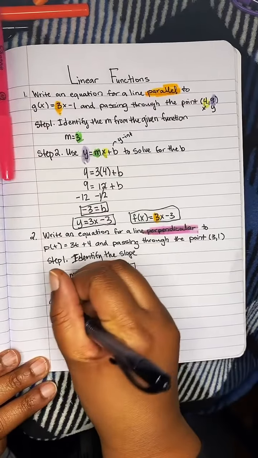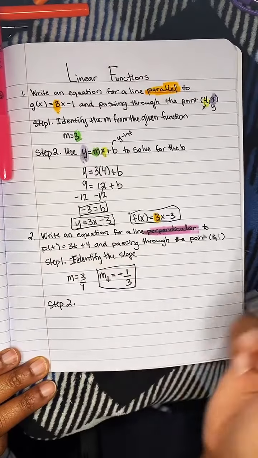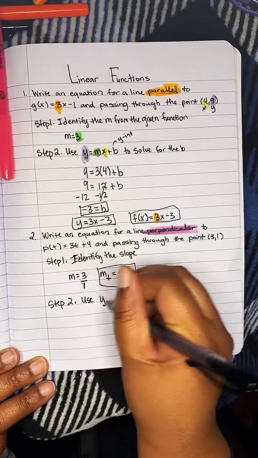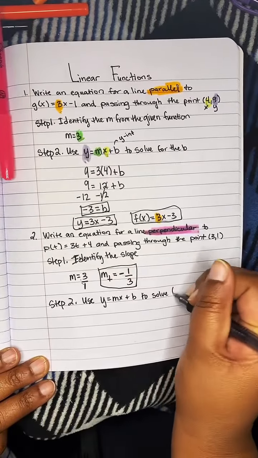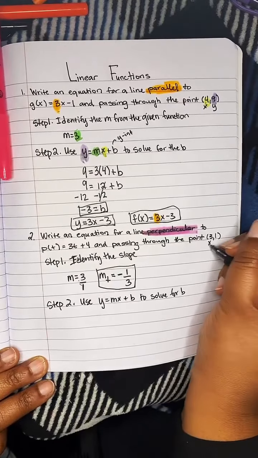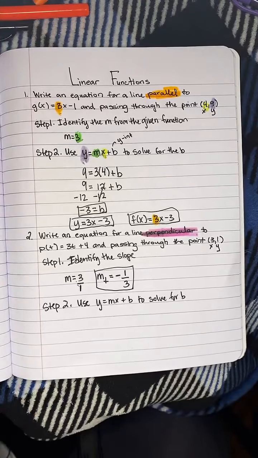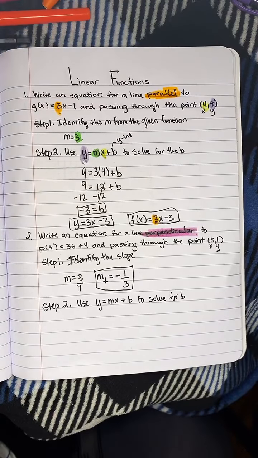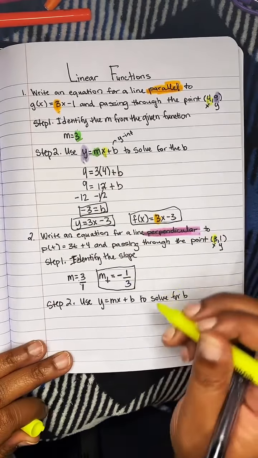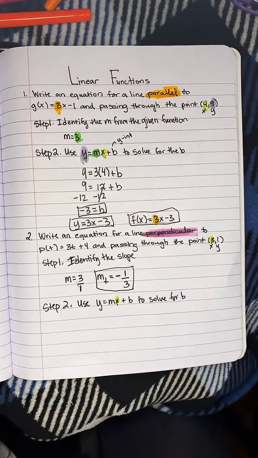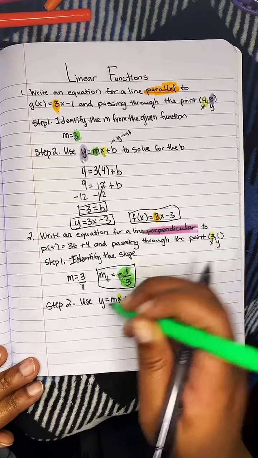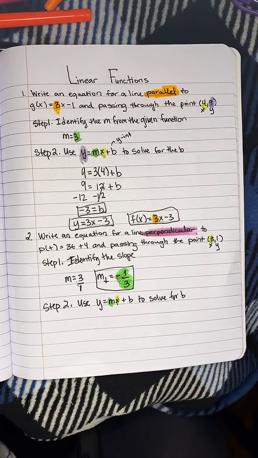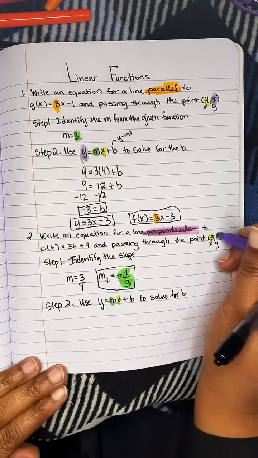Perfect. That's our first step, which is a little bit more intense than here. Our step 2 is the exact same. We're going to use y equals mx plus b to solve for b. We have our x and our y, so we're going to do the exact same thing that we did up here. We plug in our x, which is 3, our m, which is -1/3, and our y, which is 1.